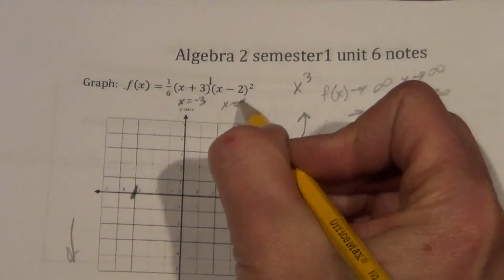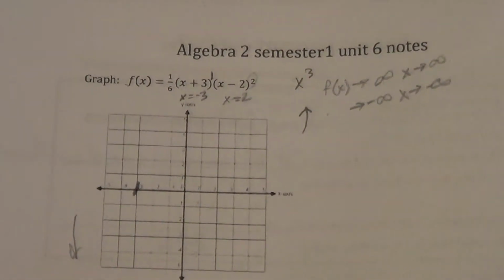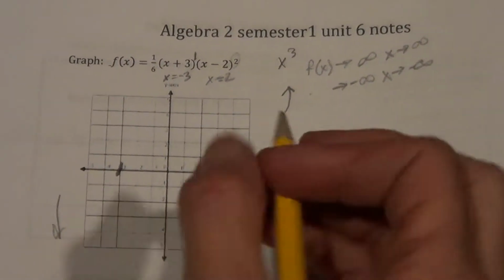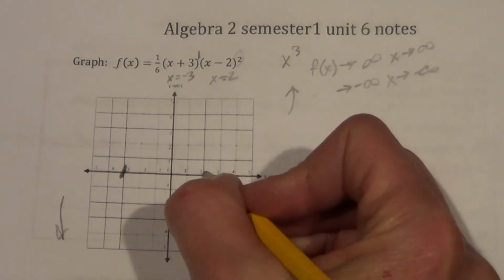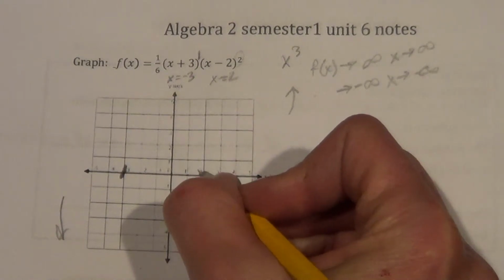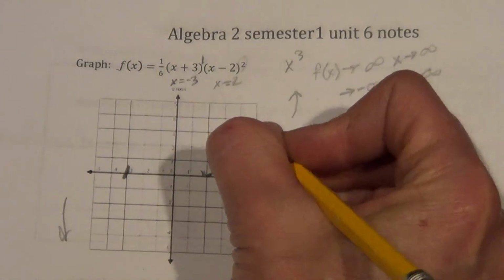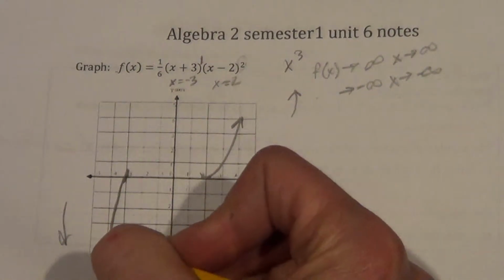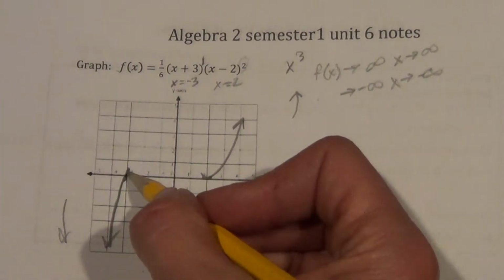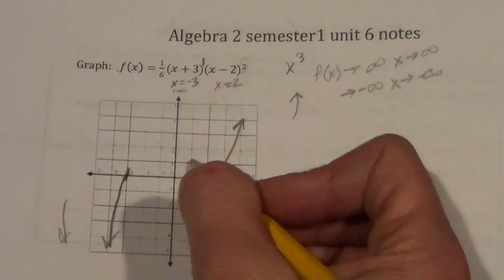But do you notice how there's two of these? Because there's an even number, that means it doesn't cross at 2, it goes tangent to the line. Knowing that the end behavior is going this way and this way, that tells us that there's something happening here. Okay?